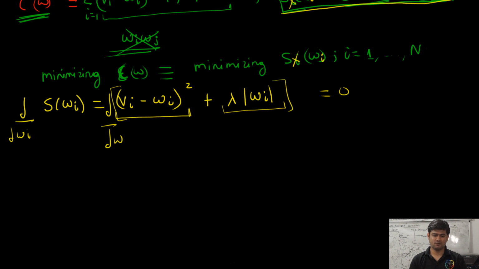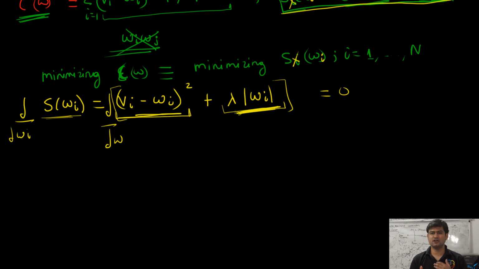The derivative or the gradient of the function s(w_i) is simply the gradient of this term plus the subgradient of this term, because this is not differentiable, so we'll compute the subgradient.